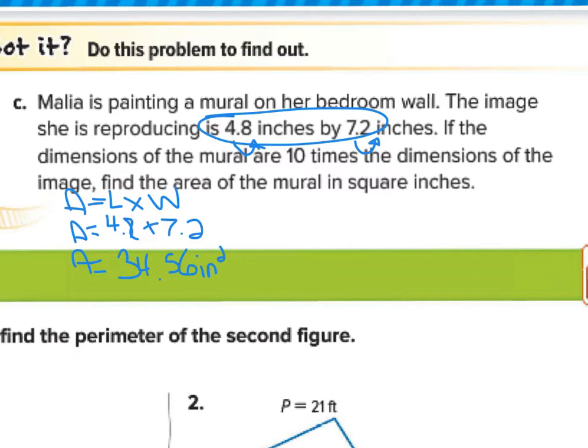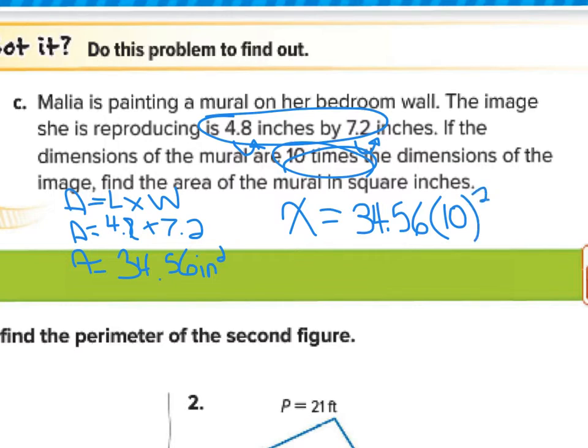Now we're looking for how this is going to be transformed. So x, which is the new area, is equal to our original area times the scale factor. They're telling us it is 10 times larger, squared, because it's area.